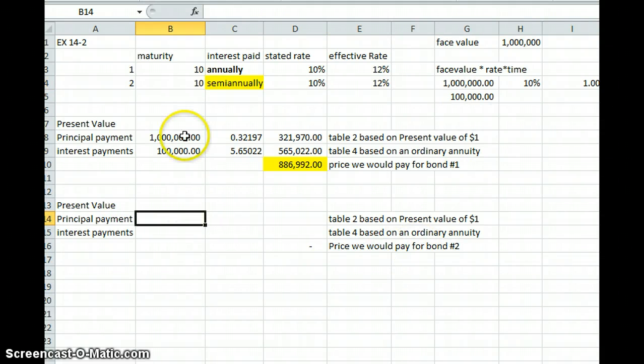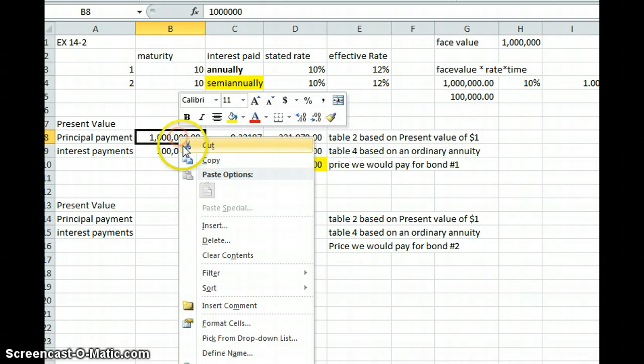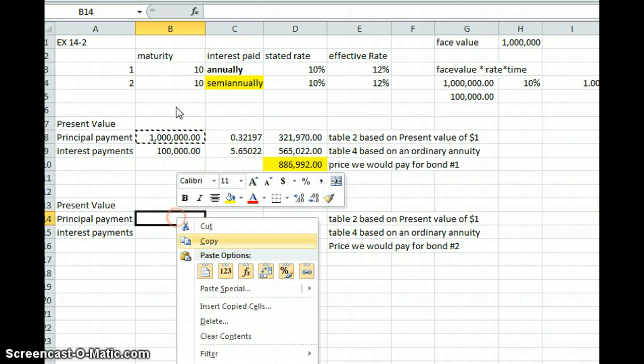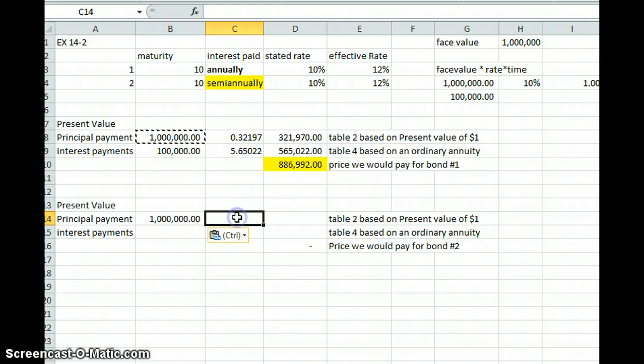We'll take our $1 million. We'll put it down there. And then we're going to go again to table 2, present value of a lump sum. And we're going to put our finger on the NI for number of periods, but this time we're going to go all the way down to 20 because we're going to be paid 20 times. 10 years, twice a year, 20 times. And then we're going to go over to 6%, which is half of our effective rate.